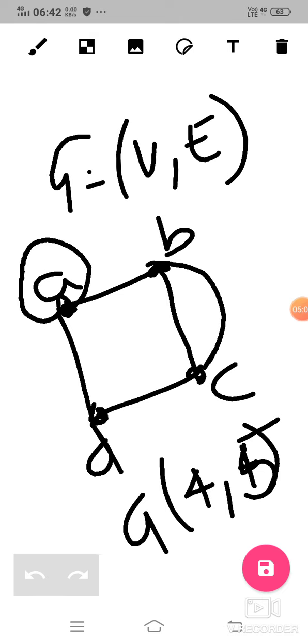Because there is a loop and there are multiple edges. But this is a graph. This graph is an example for a pseudograph. What is the definition of a pseudograph? A pseudograph is a graph which contains loops and multiple edges. So this graph is a very good example for a pseudograph.